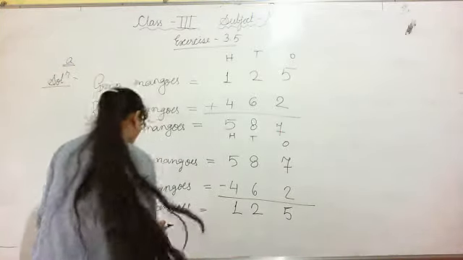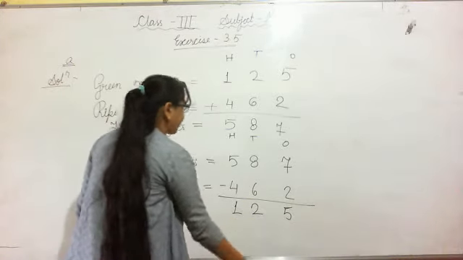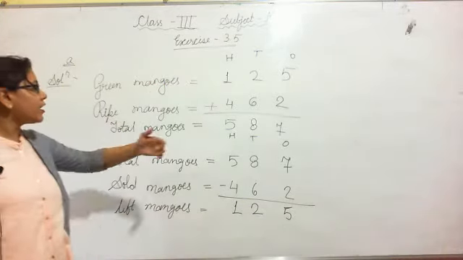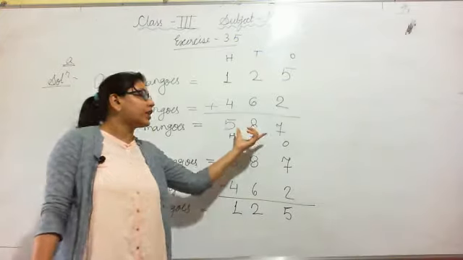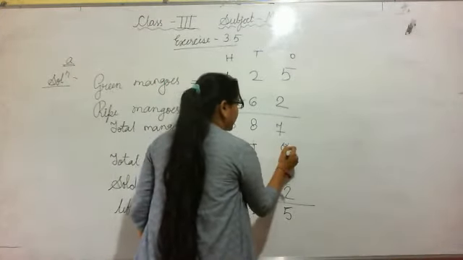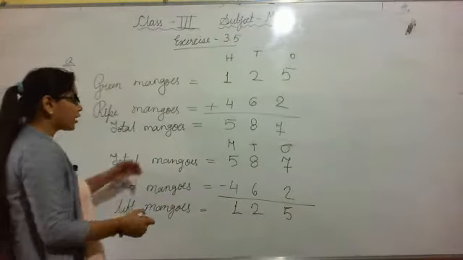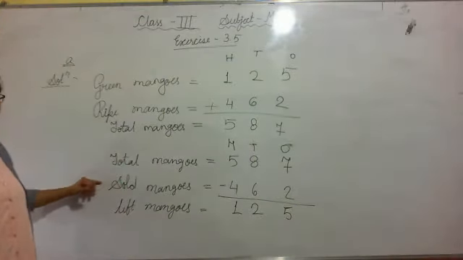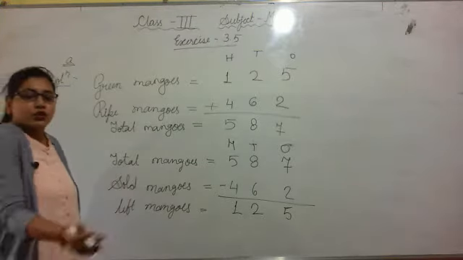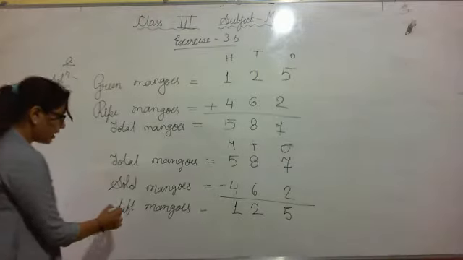So how many mangoes are left? 125. So first of all we found out the total number of mangoes. After finding out the total number of mangoes, we subtracted sold mangoes from total mangoes and we got the left mangoes.